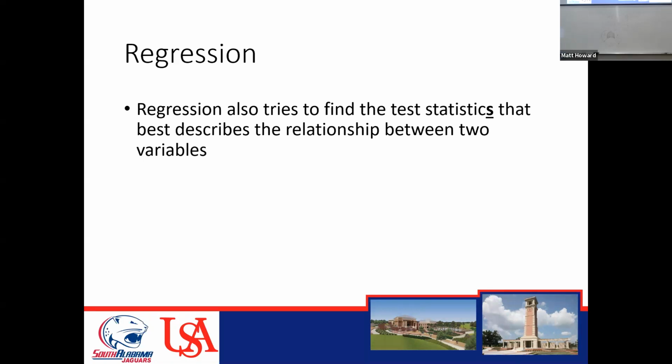Correlation would only give you one test statistic, the R, while regression gives you multiple test statistics that describe the relationship between the two variables when you're looking at a single predictor and a single outcome.